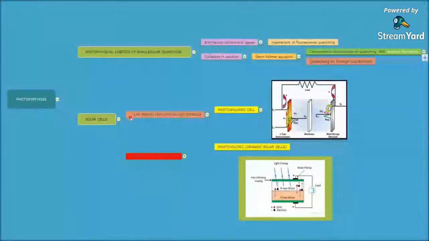That is, in the solar cells there are two subpoints, which is solar energy conversion and storage, which will include photogalvanic cells and photovoltaic cells. So photoelectrochemical cell is there, and the base for all that is from photosynthesis. So this is the basic for same also. So study with complete understanding.